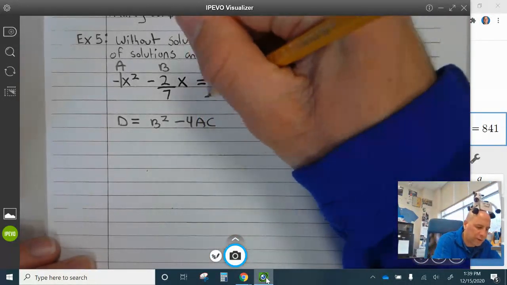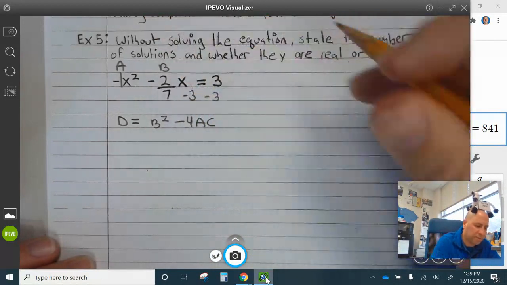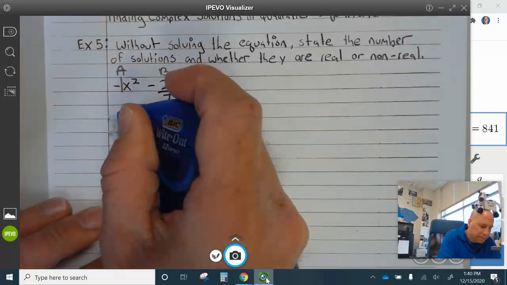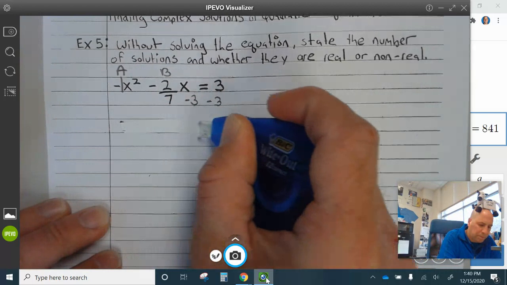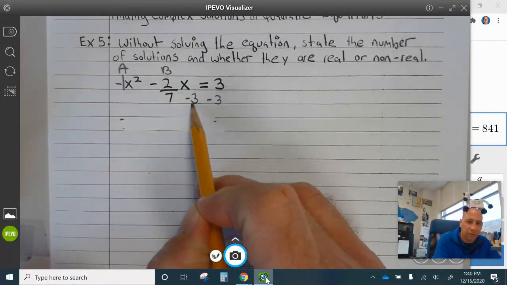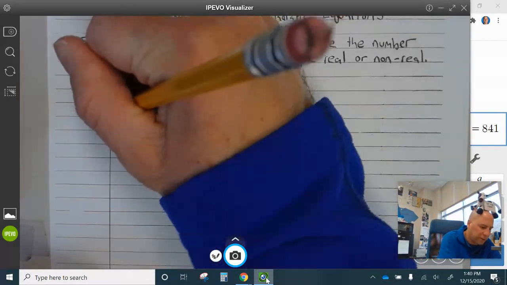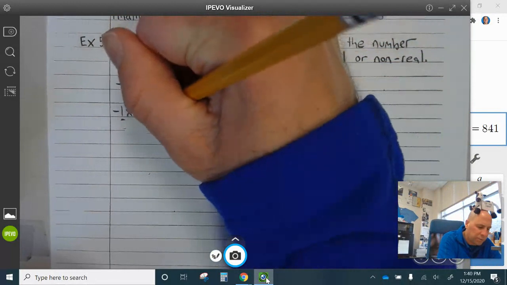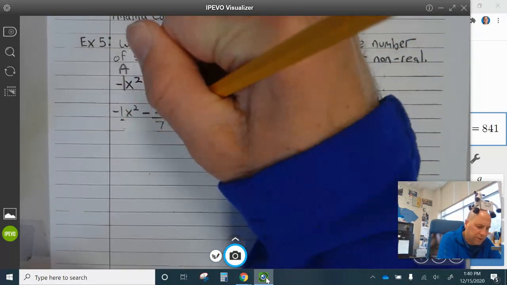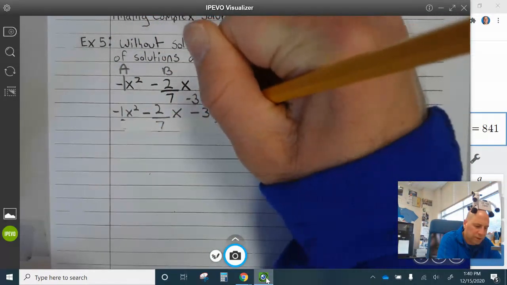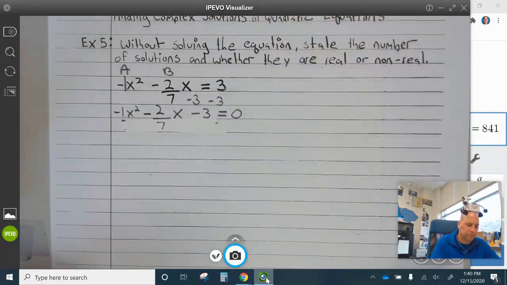We need to subtract 3 from both sides. So be careful. I almost made that mistake. We need to move this to the left first before we do the a, b, and c. So now that's negative 1x squared minus 2 divided by 7x minus 3 equals 0.